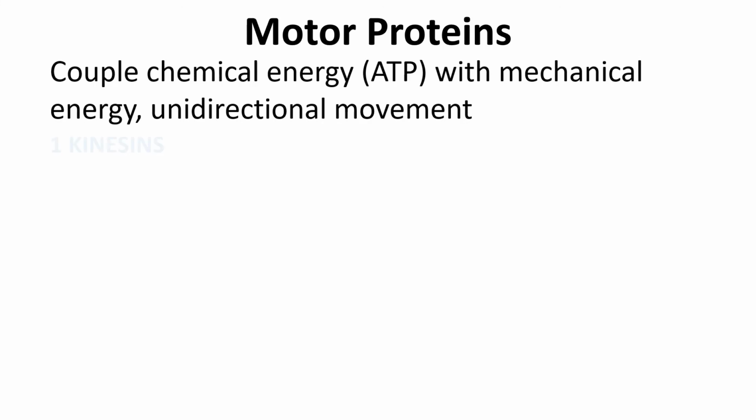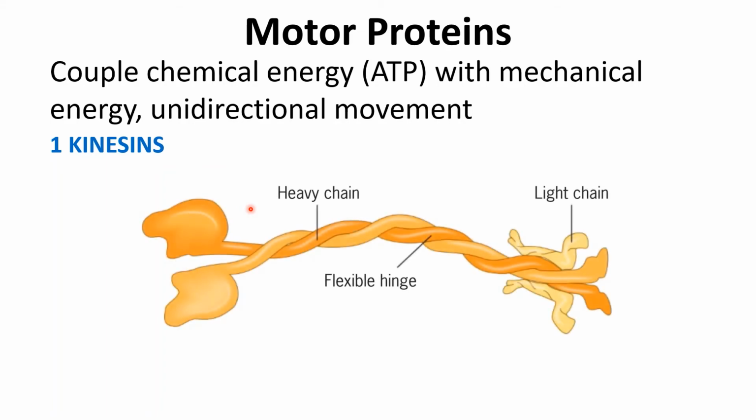So what are the motor proteins involved? If you can remember, the first one would be kinesin. So they require ATP in order for them to move, and they are unidirectional in movement. So kinesins can only move in one direction, and this is their structure. So there is a portion here, the foot, okay, and then there's the portion here where they actually carry the vesicle.